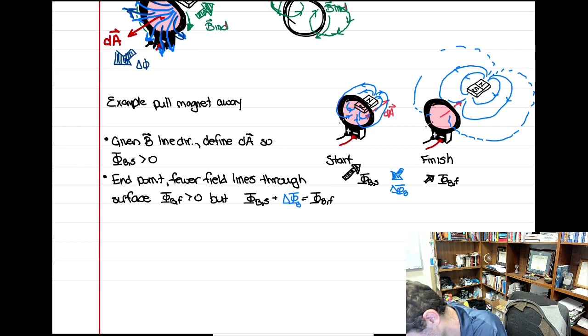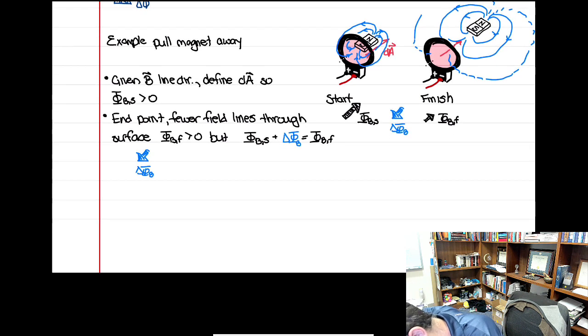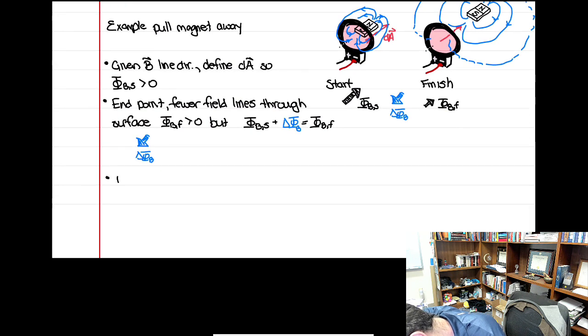So let's see, I might even make a copy of this so I can move it down here to the text. And the delta is in that direction. So then what does that mean? That means then that the kind of magnetic field that's induced should point in the opposite direction.